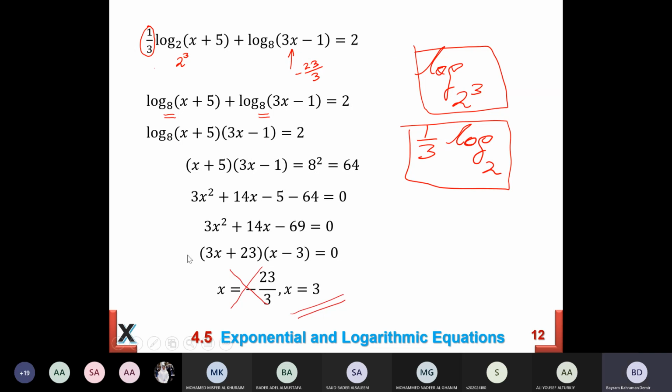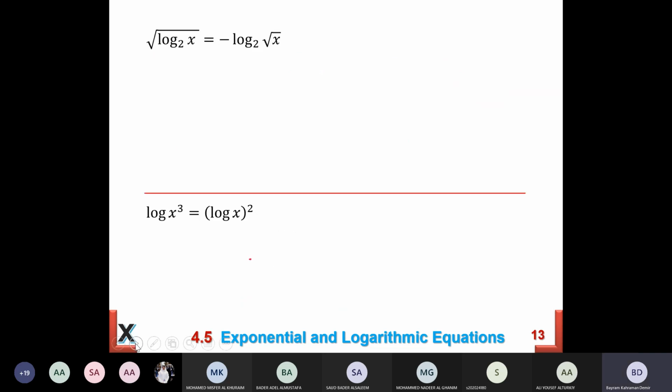Okay, shall we go to next page, Shabab? Here we have logarithm with roots, but two roots are in different positions, Shabab. In the first, on the left side, we have root of logarithm. On the right side, we have negative logarithm of root x.